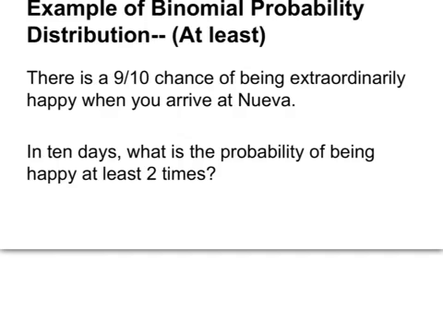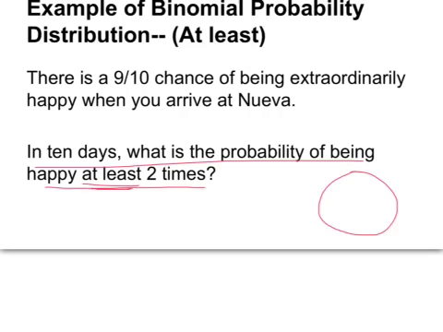Okay, what about this? What's the probability of being happy at least 2 times? Well, these at least questions are really interesting to look at. If I'm happy at least 2 times, let's think of this as being a pie chart that's 100%. So if I'm happy 0 times or 1 time, well, that's not being happy at least 2 times.